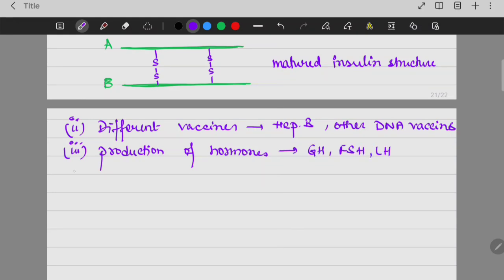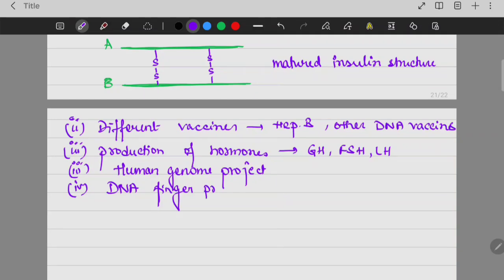It was also used extensively in the Human Genome Project. It can be used in DNA fingerprinting, gene therapy, and there are different other examples. These are the main examples in which rDT is done.